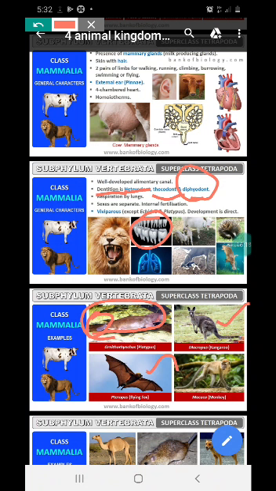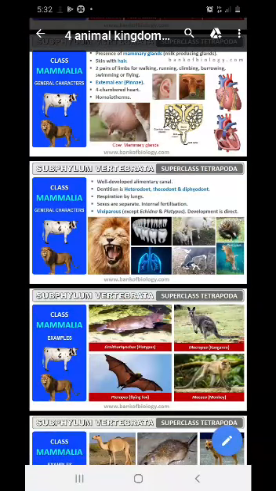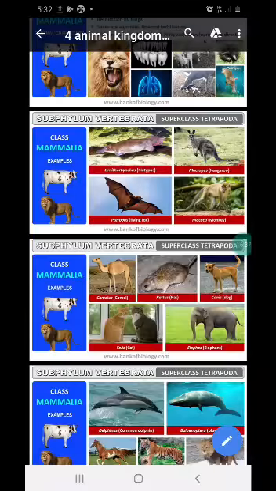This is the only mammal which is egg-laying. It is called Ornithorhynchus or platypus, duck-billed platypus. Clear, children? These are all the examples under class Mammalia.